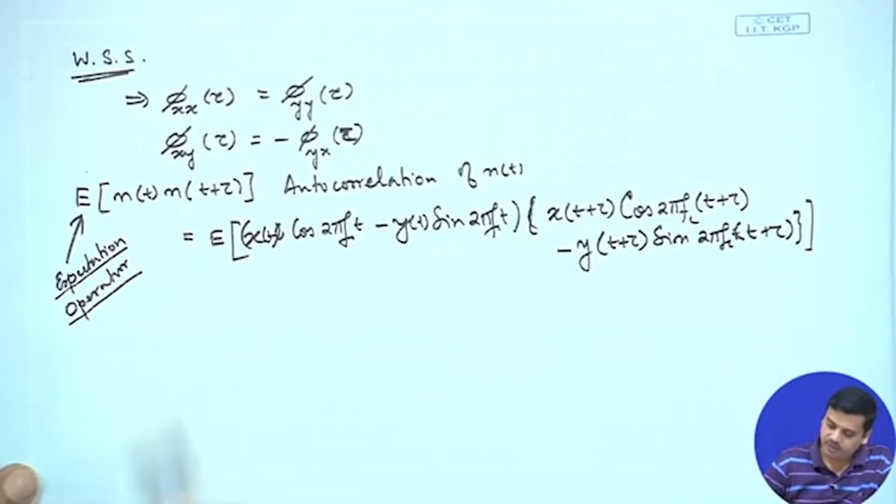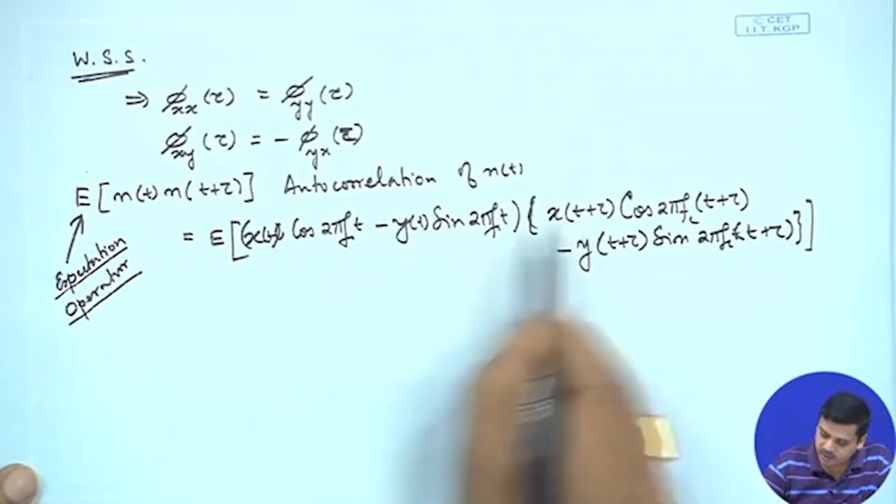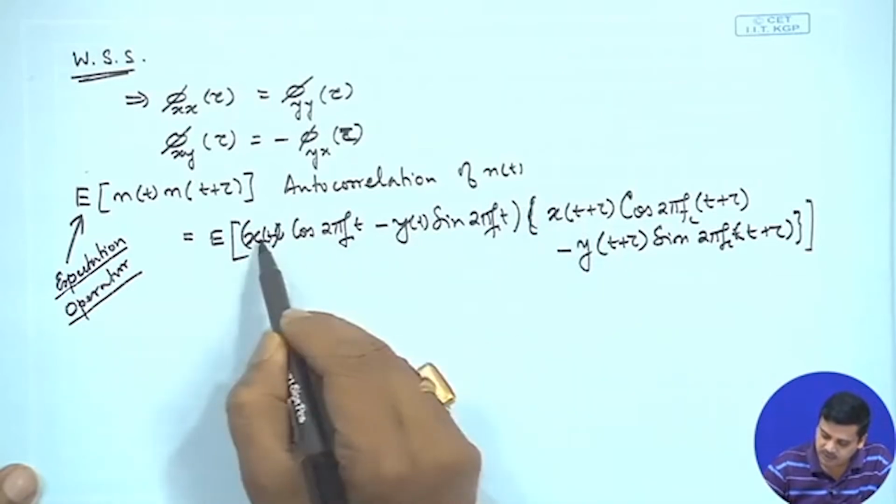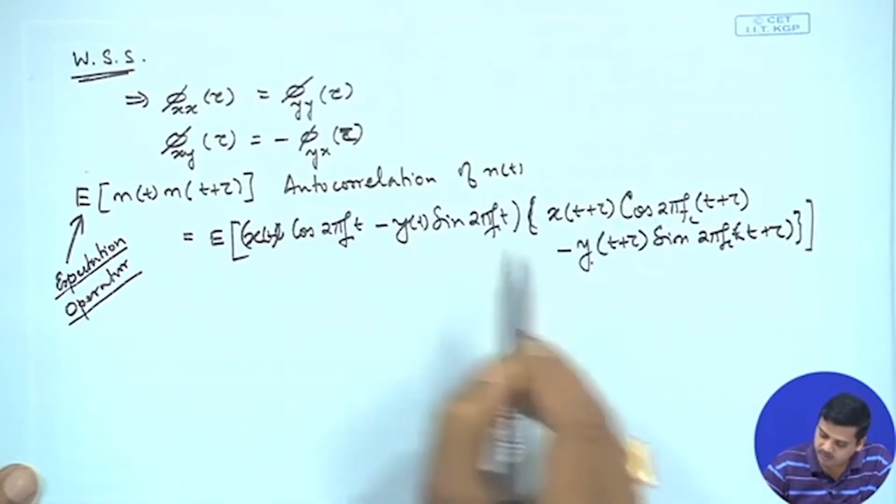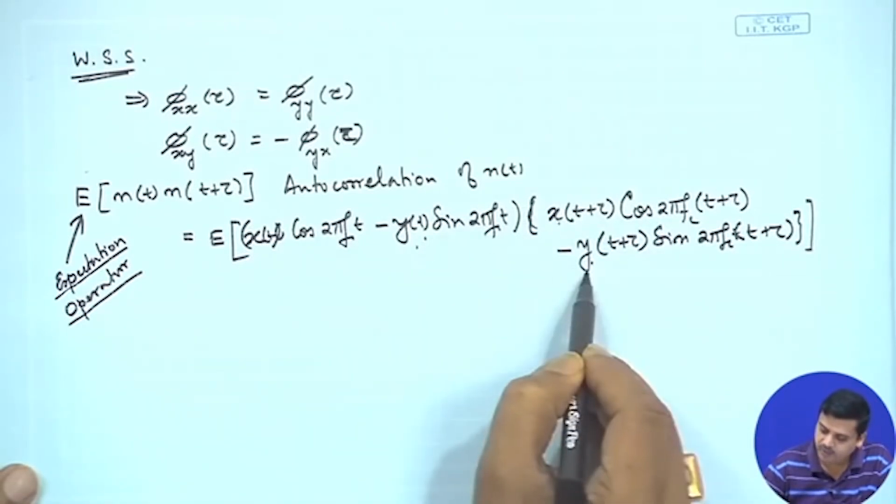This is what we have with us, and we are going to get an x with x multiplication, x with y multiplication, y with x, and y with y.